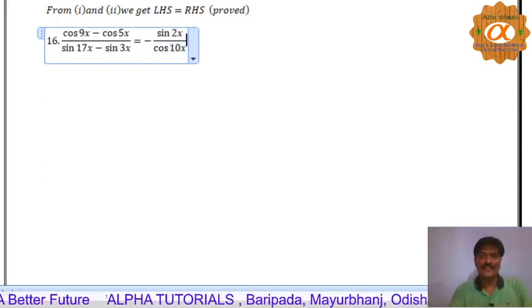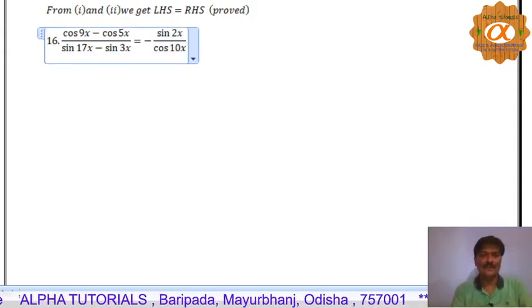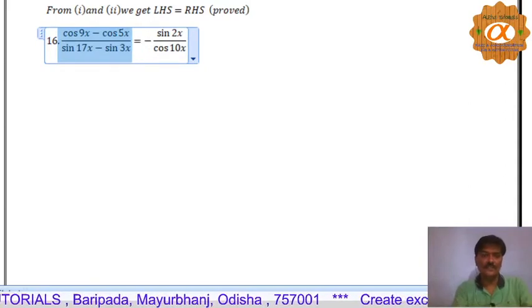This is the LHS and RHS part. Again I am taking the LHS part and start solving it.